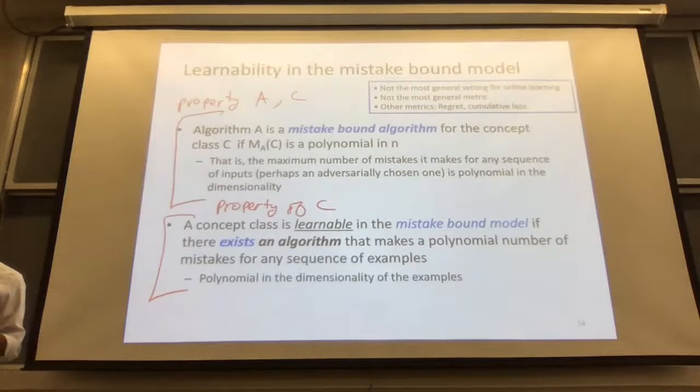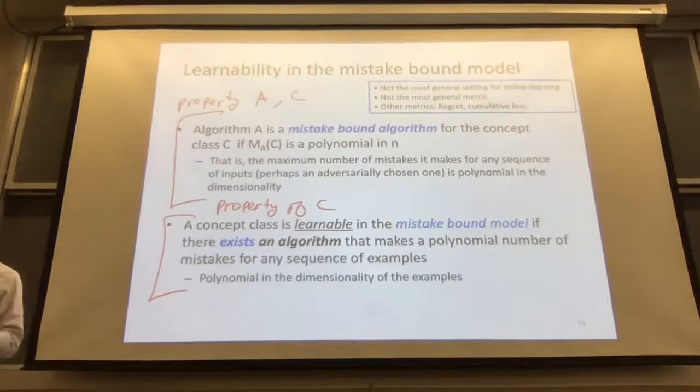Knowing that function, knowing what your current mental state is, I will construct an example where f and h disagree, and I will reveal that next. That will be my next example in the sequence. And you are forced to make a mistake because you have to correct the function. Then after that, you have a new function. Again, I will reveal one more row. I will essentially have to reveal every possible row in the truth table.